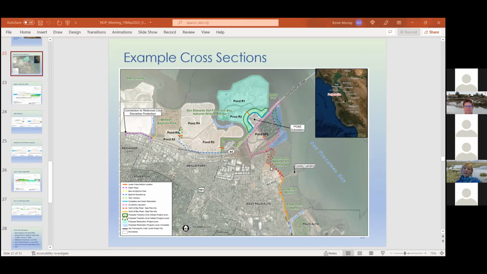Other alignments would be bayward of that, next to some potential marsh restoration, as well as connecting directly to University and possibly having some alternatives at University that might be widened or otherwise alleviate the local traffic congestion in East Palo Alto.